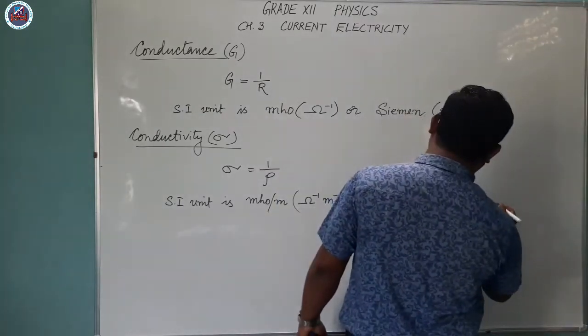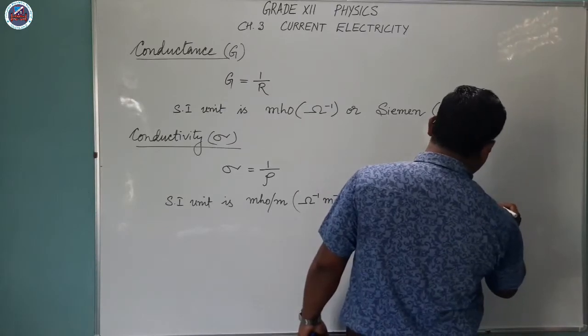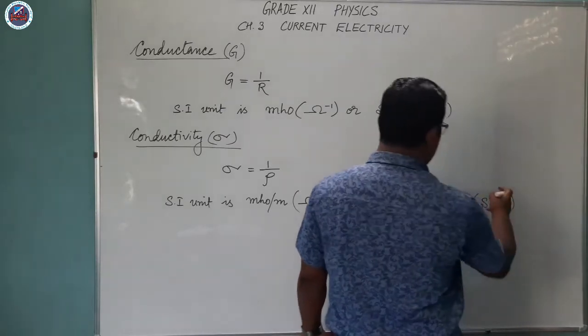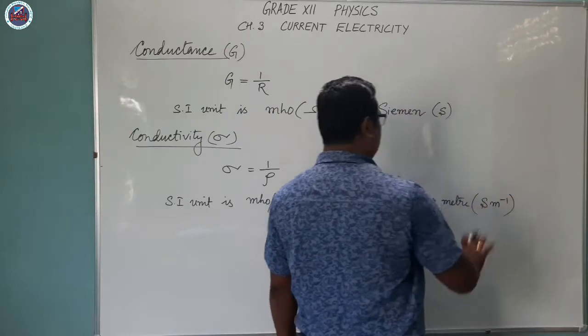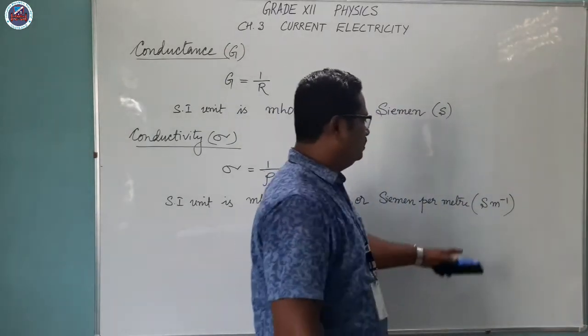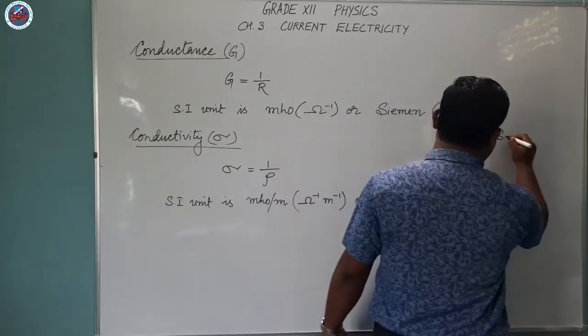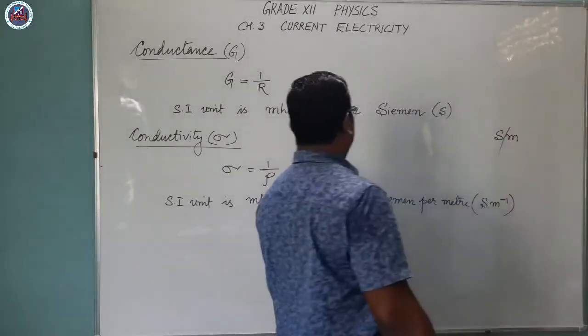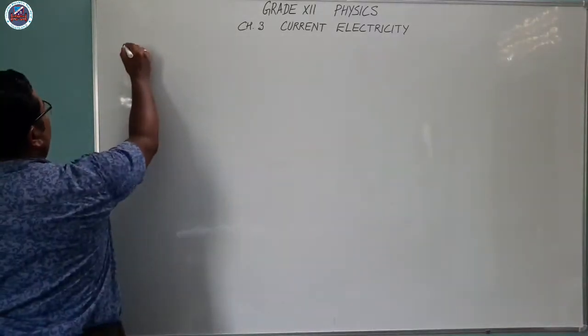Symbolically, you can write it like this, or you can write siemen per meter as well.